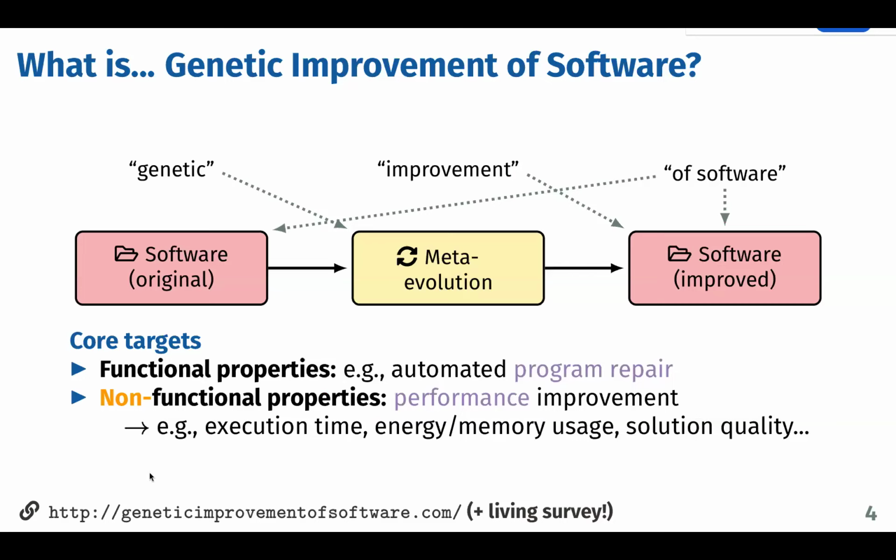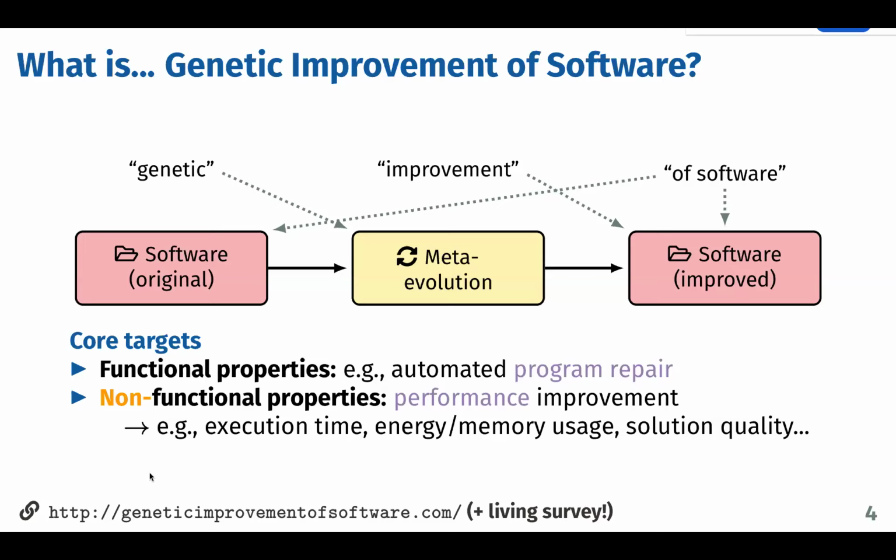Very, very quickly, we are in the genetic improvement workshop. But what is genetic improvement? It's, to put it bluntly, you have a software, you do stuff on it, and you get a different software, slightly better, slightly improved. The part genetic in the GI name comes from the meta-evolution process that comes initially from genetic programming, on how we do the transformation.